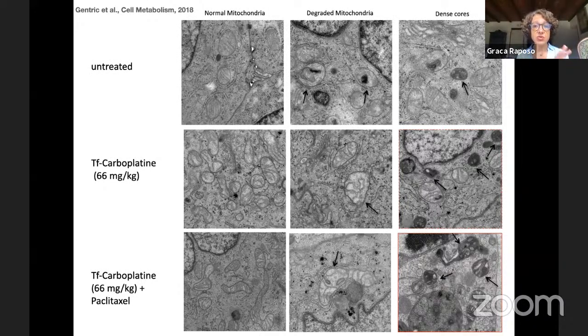And here, just to give you some examples, you see the mitochondria and you see what these agents are doing to the mitochondria. So this was really an analysis of the morphology of these mitochondria, and how this was related to the metabolism of these cancer cells.